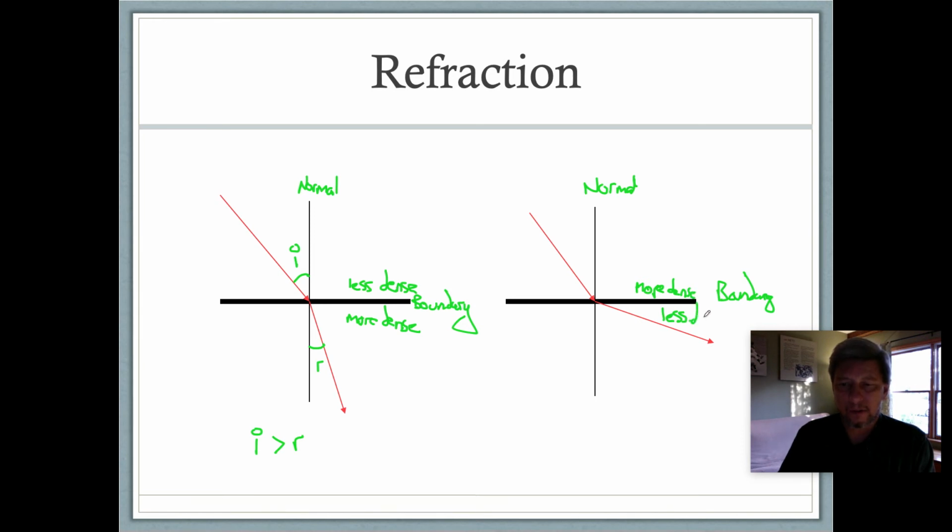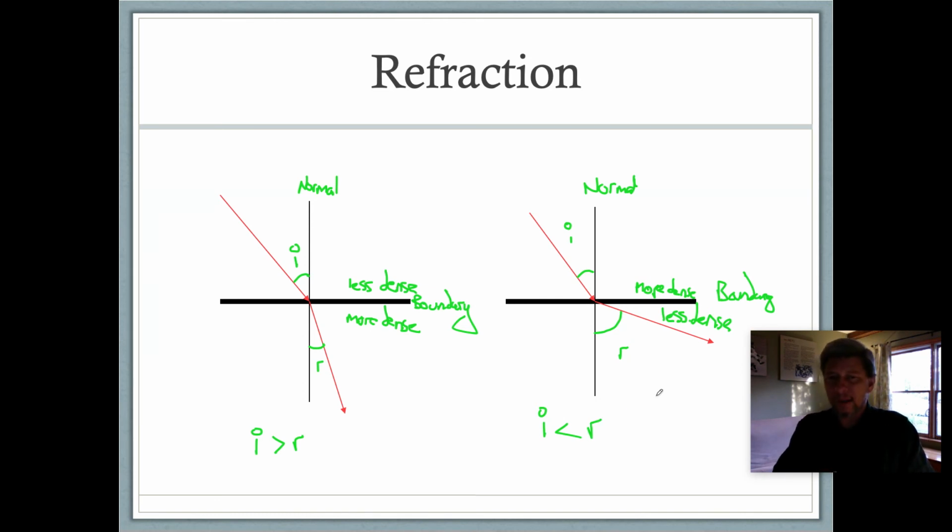In this case, maybe we're traveling from glass to air, or from water to air. So in any event, the angle of incidence, which is essentially equal to the angle of incidence that I showed you in the first case, is now much smaller than the angle of refraction here, because we're traveling from the more dense medium to the less dense medium.